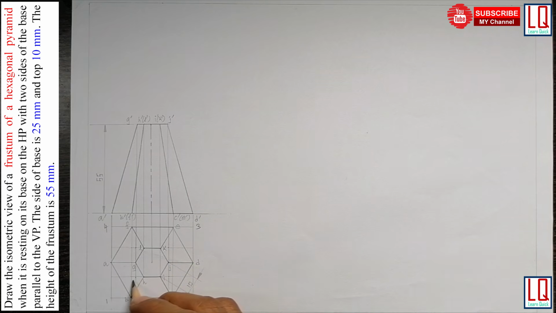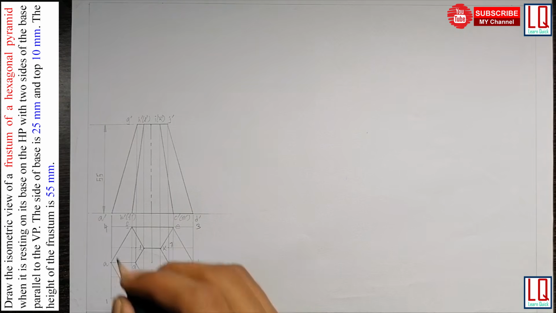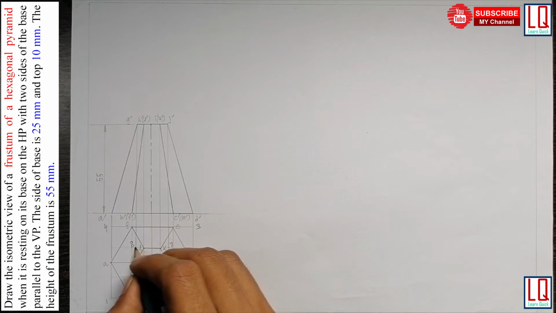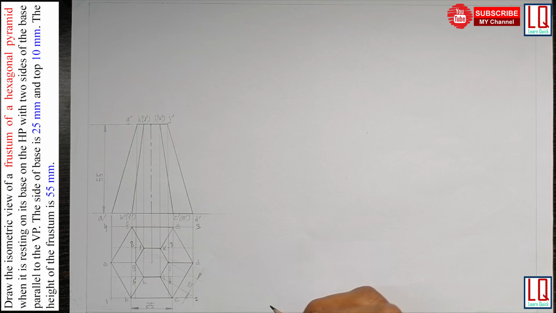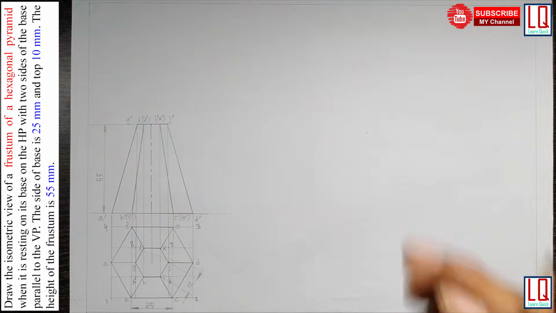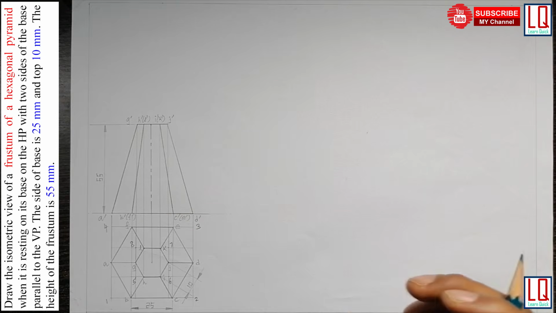So here I name 5, 6, 7 and 8. So these are my 8 points which will be useful to construct my box for the isometric projection of this frustum.